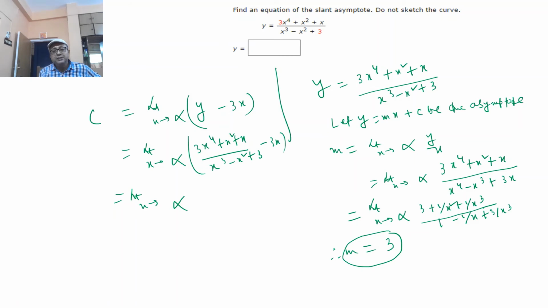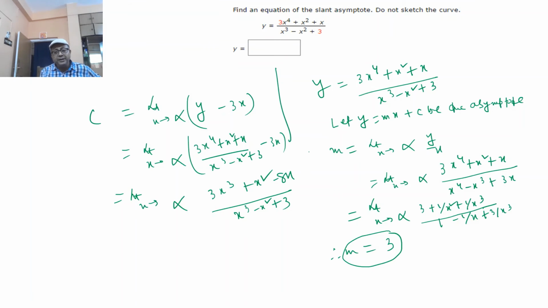Then there is 3x^3, then x^2, and -9x + x, that is -8x, divided by the denominator.